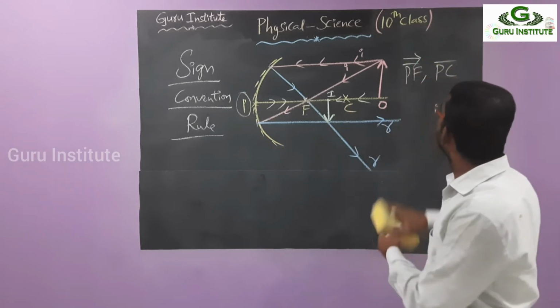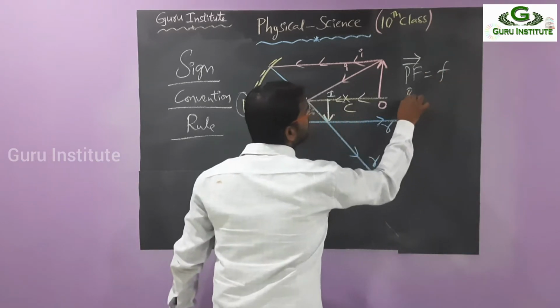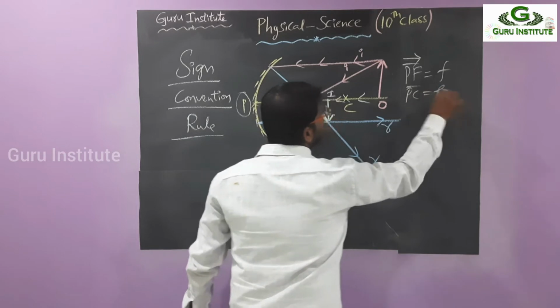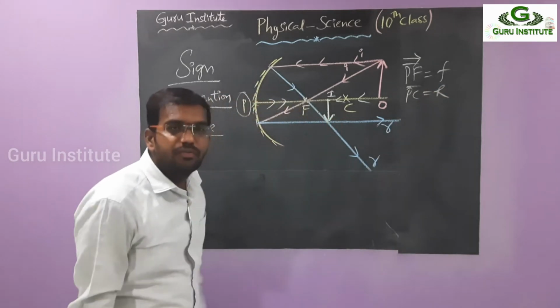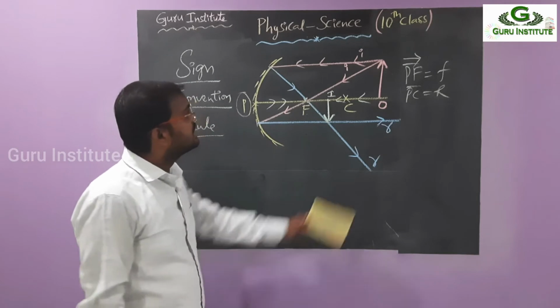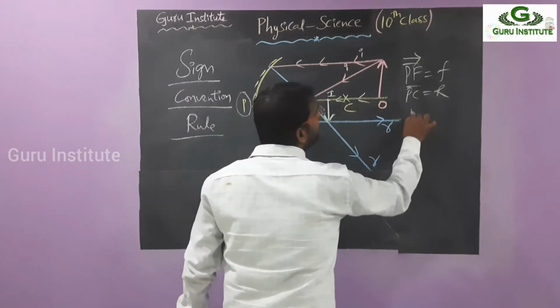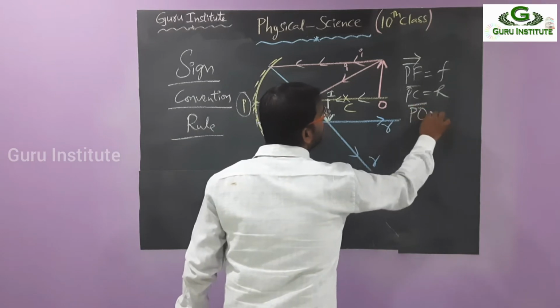PF is nothing but the small f, the focal length, and PC is nothing but the radius of curvature. So all the measurements should be done from the pole only. Then, another measurement: the distance between the object and the pole is called the object distance. You have to draw PO.